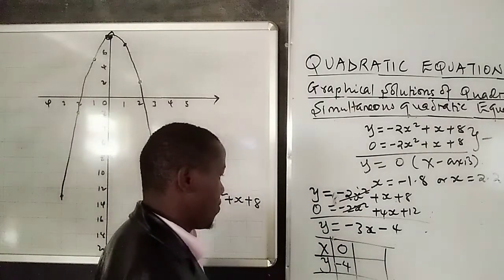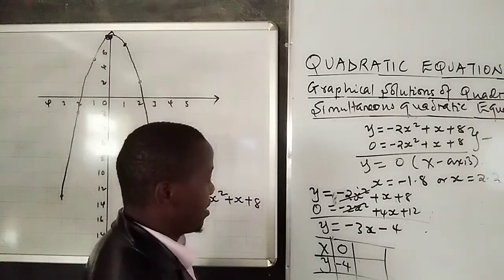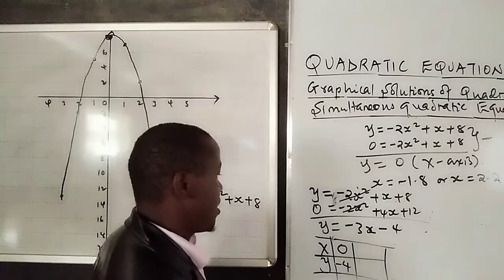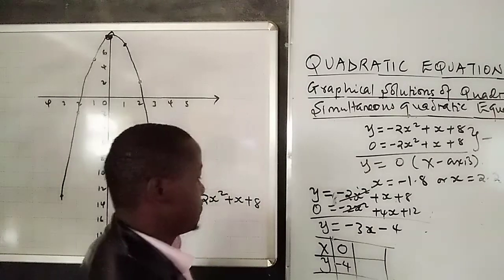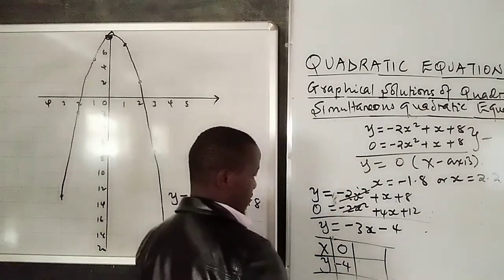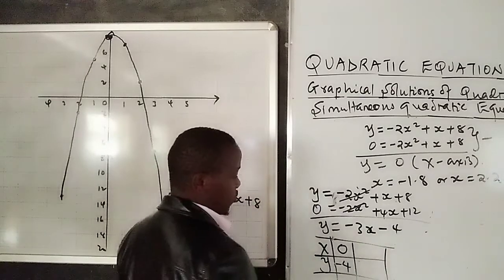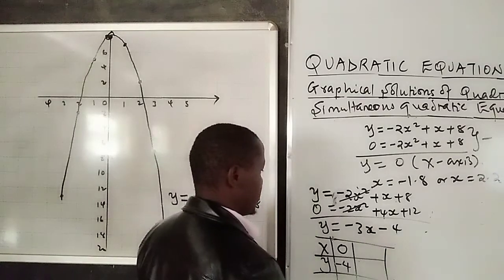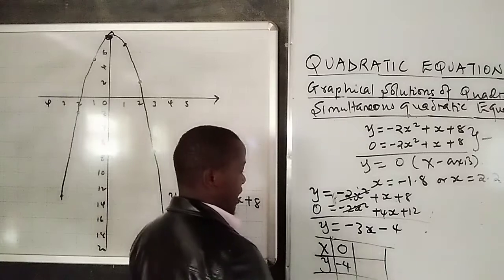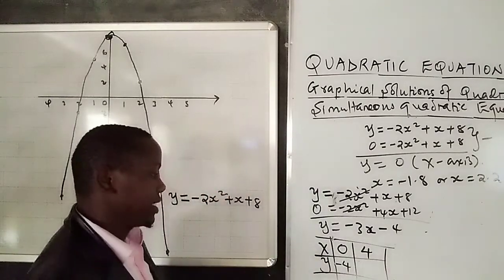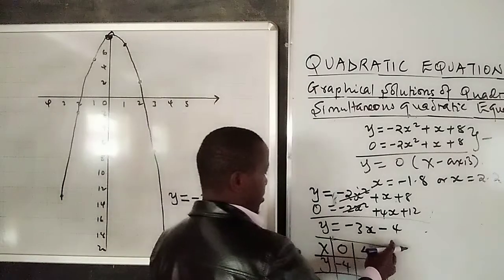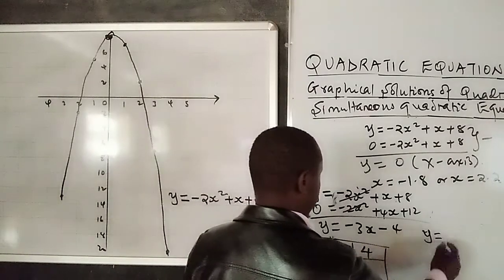And when y itself is 0, we can go to when x is something like 4. When x is 4, what shall be y?